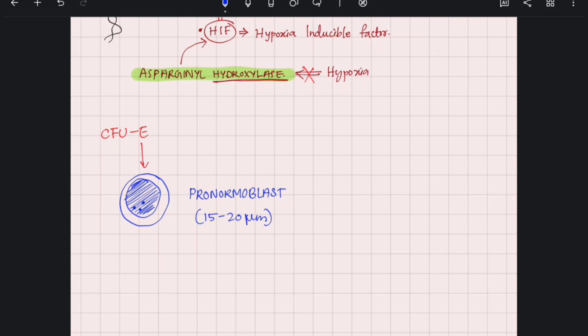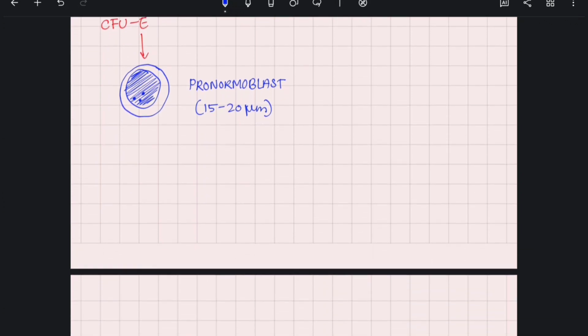Now from pronormoblast, if you move forward, we'll go to another blast cell, which is the early normoblast. Okay, early normoblast. So as you can see, the size has shrunken a little bit.